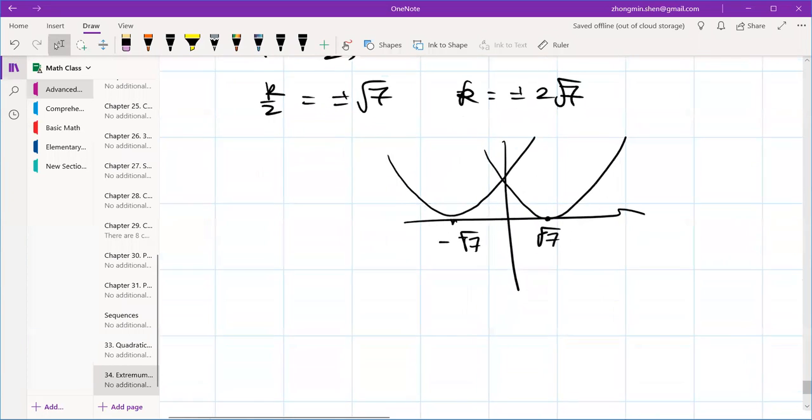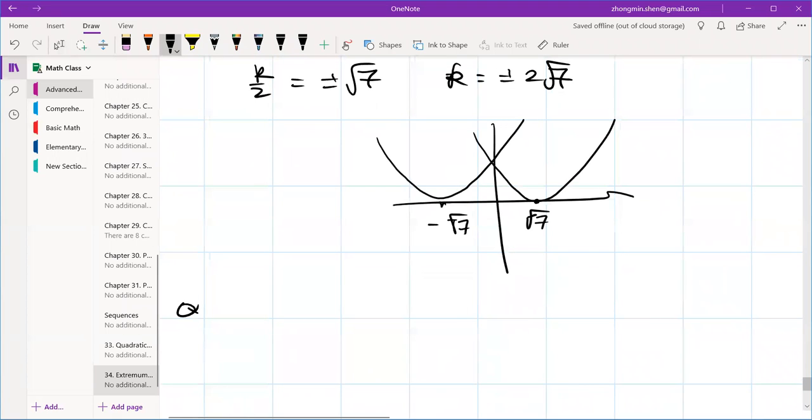Okay, one more problem. We consider the function ax squared plus 2x plus 1.